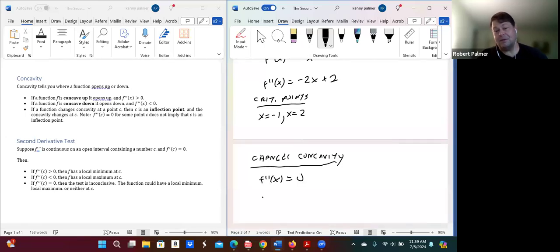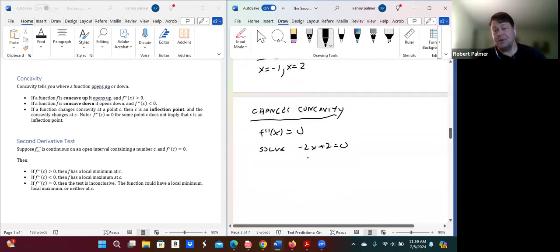So let's solve that. Negative 2x plus 2 is equal to 0. That's easy to solve. Negative 2x is equal to negative 2, so x equals 1. So this is our inflection point.